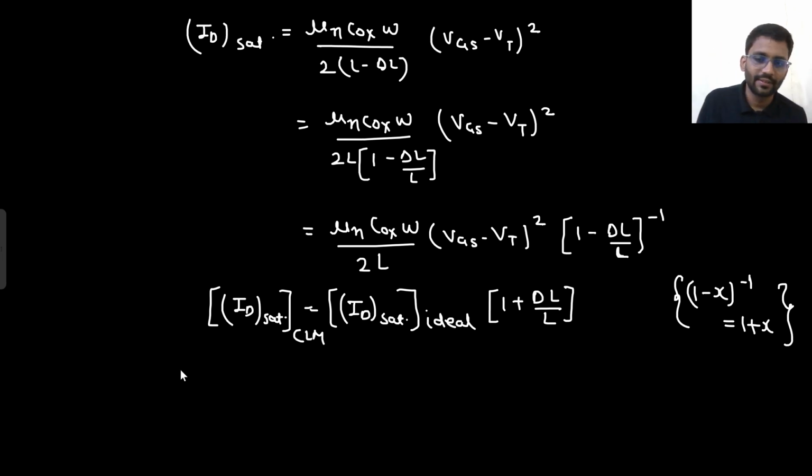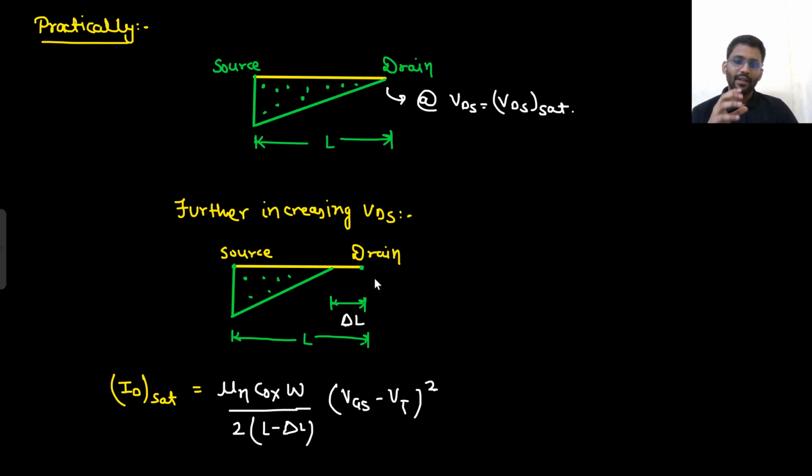Now there is one thing. This delta L by L is proportional to VDS. Are you agreeing with this point? As much more positive voltage you apply, if you increase VDS, what will happen? Your channel will be more depleted. That means your delta L will increase.